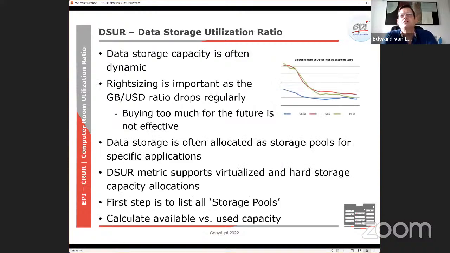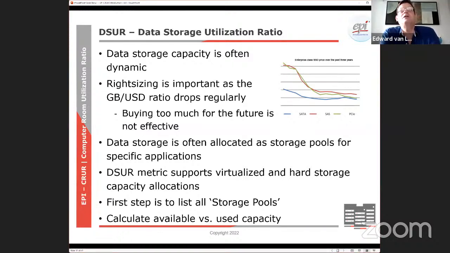Now, data storage, as we know, is one of the factors that we look at in the CRUR, but this is not so easy to measure, right? Because data storage is very often very, very dynamic. But ideally, we would like to match the storage requirement with the storage available, because we all know that the price per gigabyte or terabyte or petabyte is dropping over time.